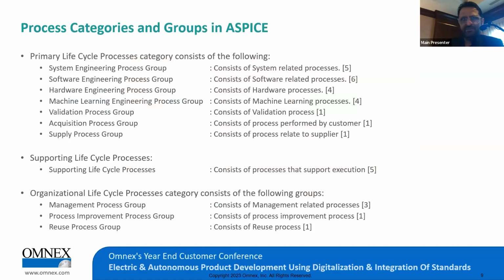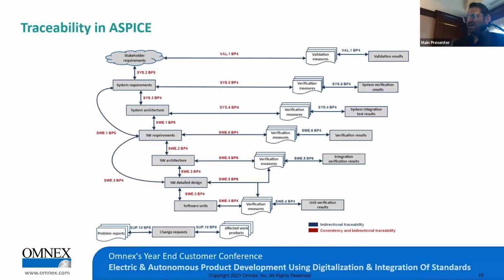Of course, we don't have time to go to the practice level, but let me tell you, if there is any problem, this is the place where you need to be. Call the process, call Automotive SPICE, and that will take care of everything for sure. Just one additional point I wanted to emphasize regarding traceability.